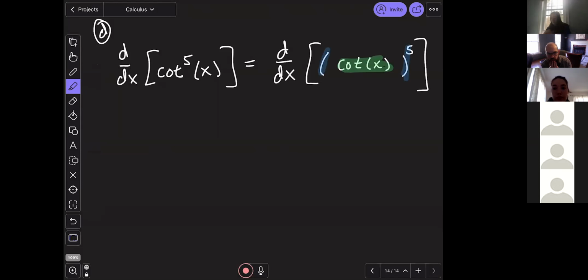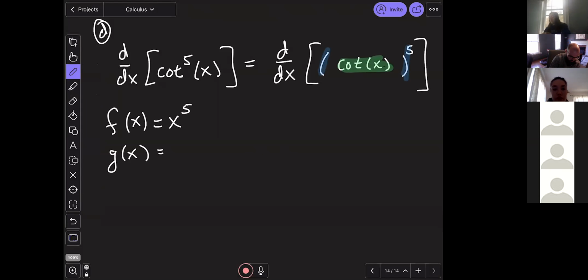If you view it this way, it's a lot easier to identify what your inside function and your outside function are. The way we've been handling this is to say f of x is our outside function, x to the 5th power, and g of x is our inside function, which is cotangent.